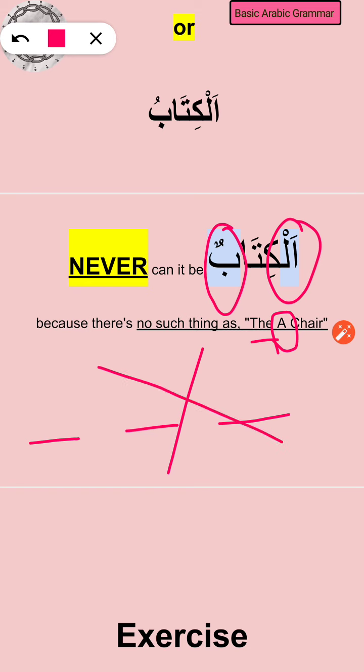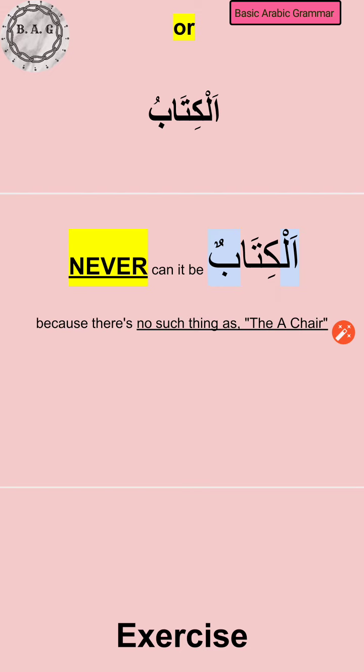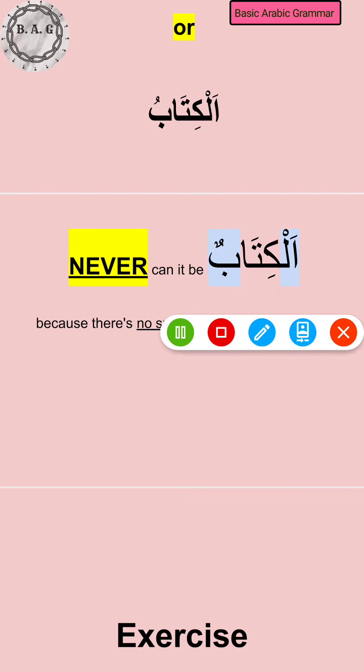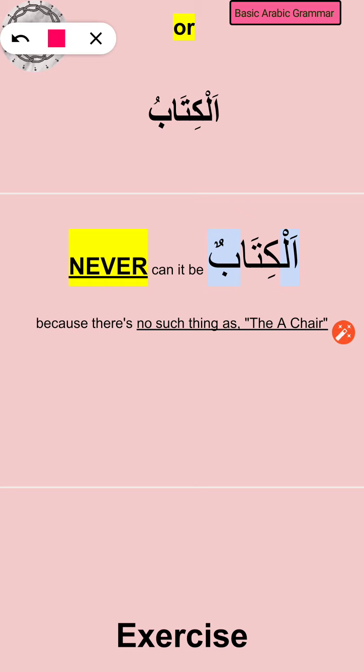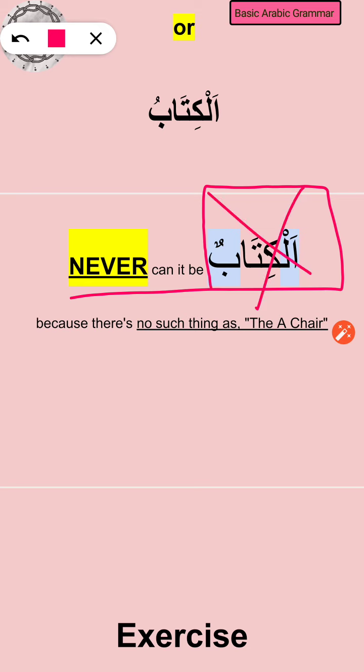Whenever we have this al, we can't ever have this tanween at the same time. So it's never going to be al qalamun, it's never going to be al baytun. Please be very cautious of this. I've seen people making this mistake a lot of times, so just be very careful. There's no such thing as al kitabun. Tanween gets out as soon as al enters an ism.